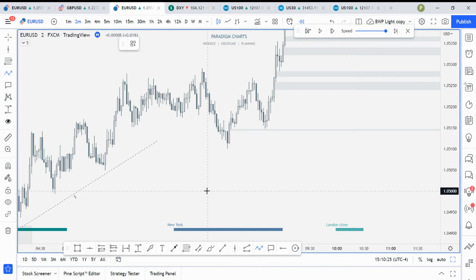Now, I used up close and down close because I'm just trying to simplify. It's more than just an up close or down close candle. What you need to understand is that sometimes when you narrow down to the low time frame, what appears as an order block on, let's say, 10 minutes or 15 minutes might end up being a series of candles on the lower time frame.